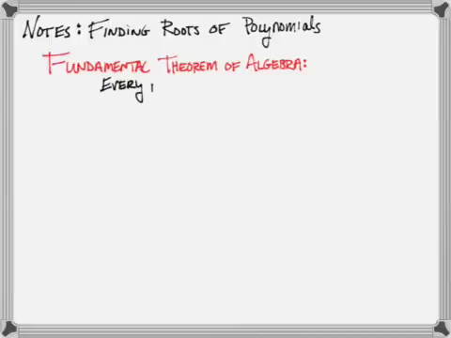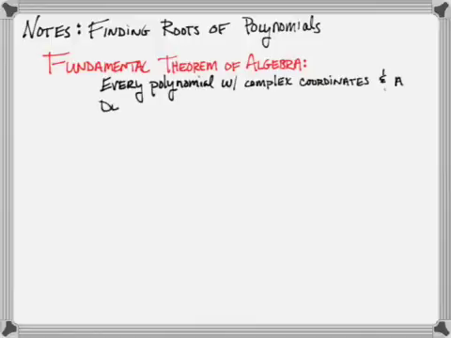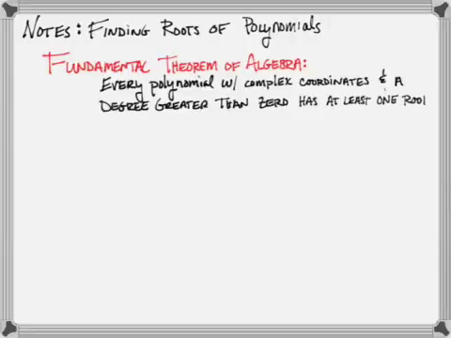This is what it says. Every polynomial with complex coordinates and a degree greater than 0 has at least one root. All right.